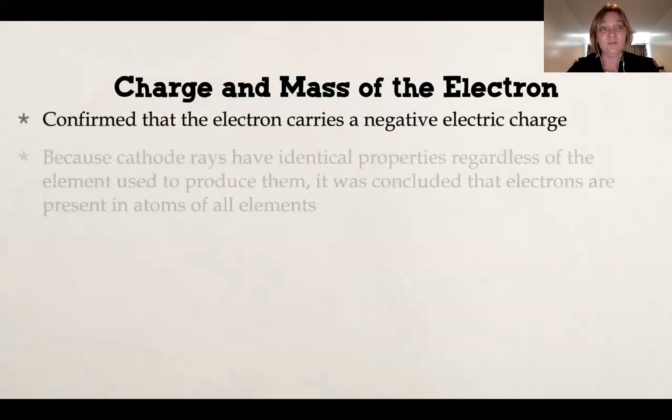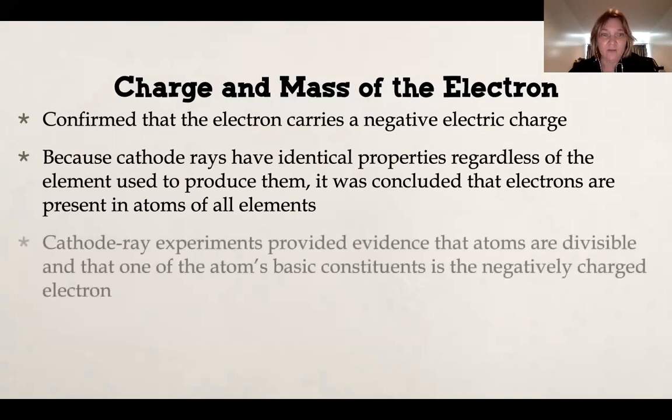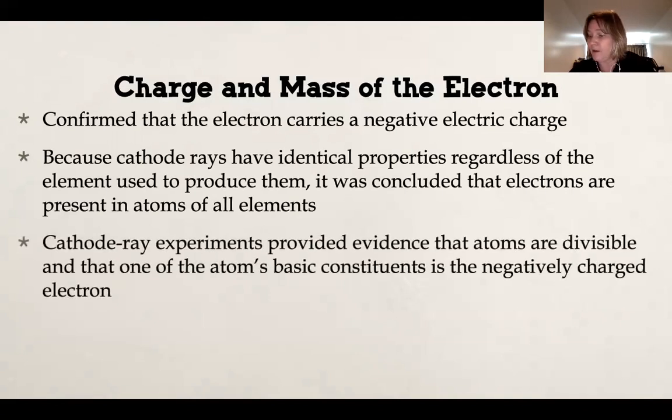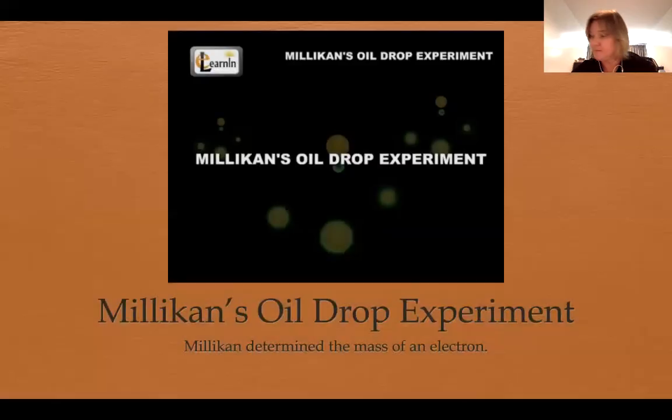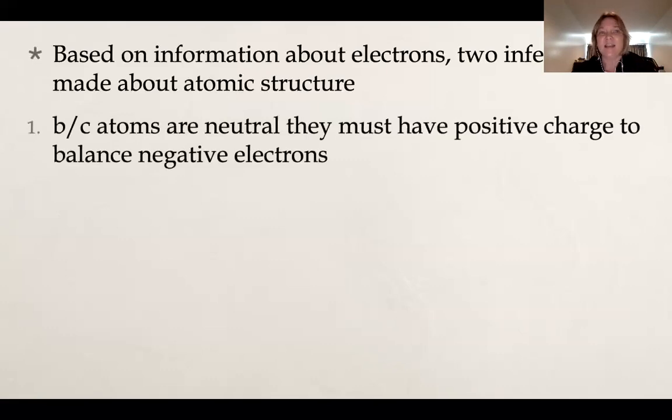So we've now confirmed that the electron carries a negative electric charge, and there's two important inferences that we can also take from this. One, because atoms are electrically neutral as a whole, but they're made of negatively charged particles, that must mean that there's another particle that has an equal positive charge.